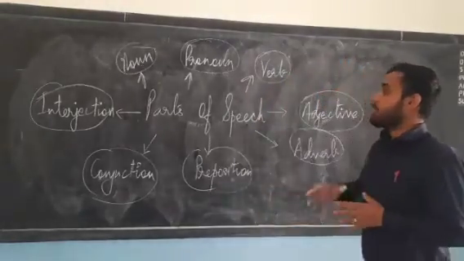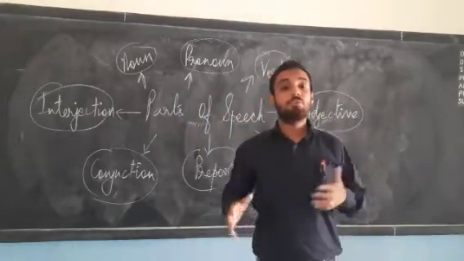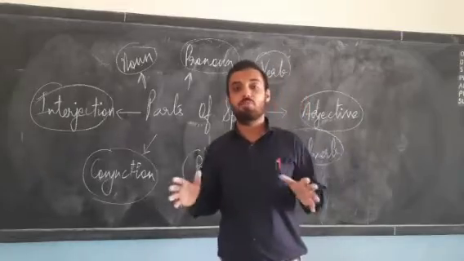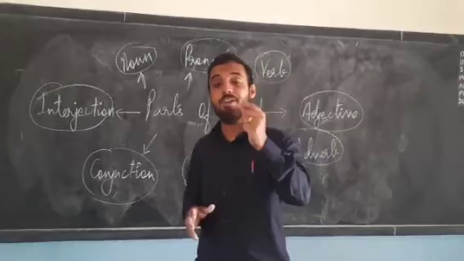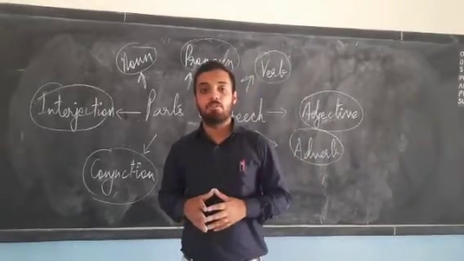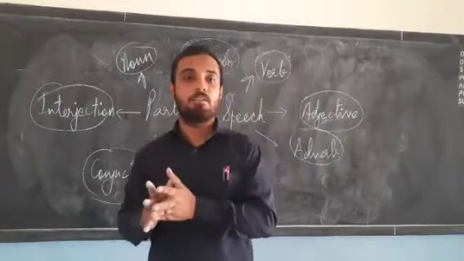Now, the first one is noun. Whatever you see around you, everything that you see around you has a name. And noun is called a naming word. Everything that you see, person, place, animal, thing.